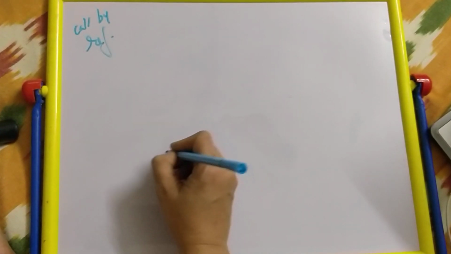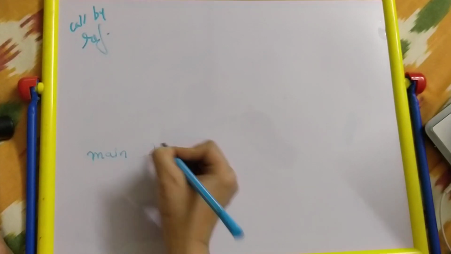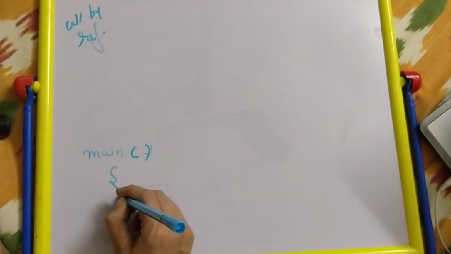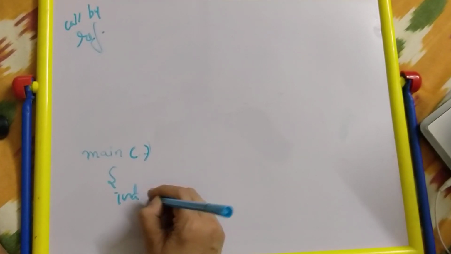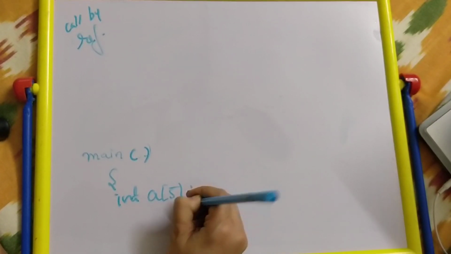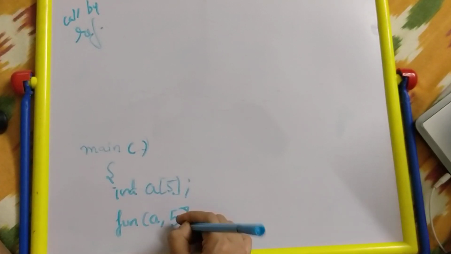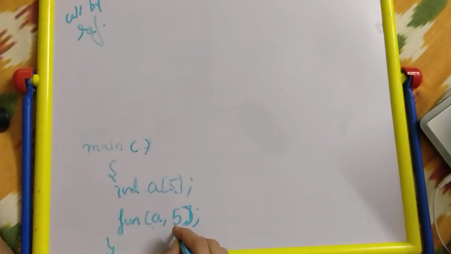In my main function, there is an integer array A of 5, which I am passing to a function. How I generally have to do is function A comma 5. So in this function call, what we generally pass is the array name and the size of the array.